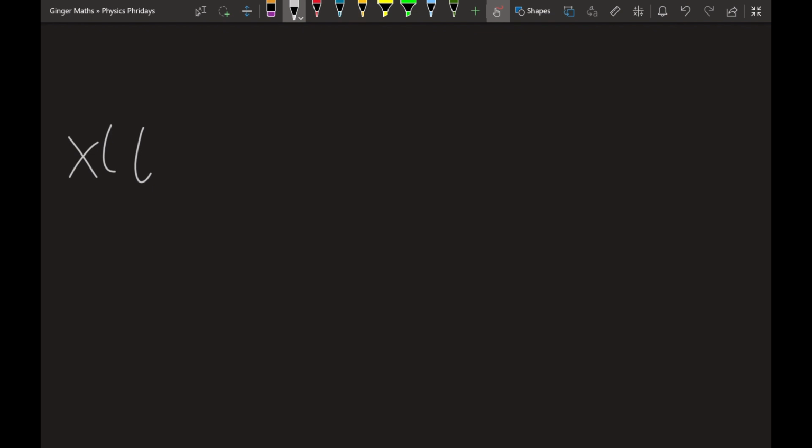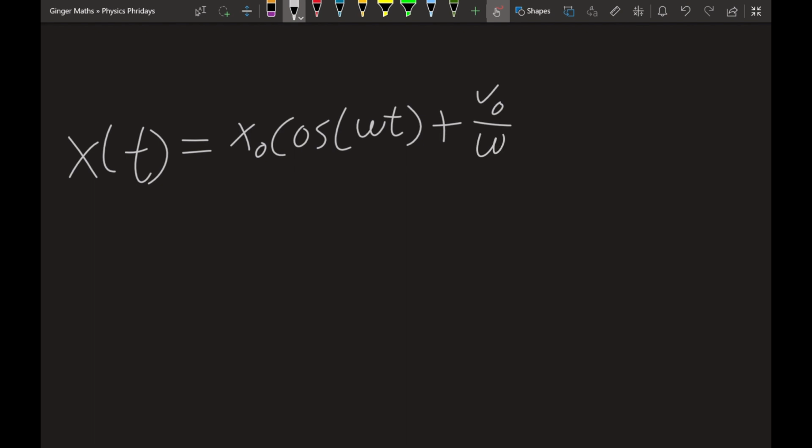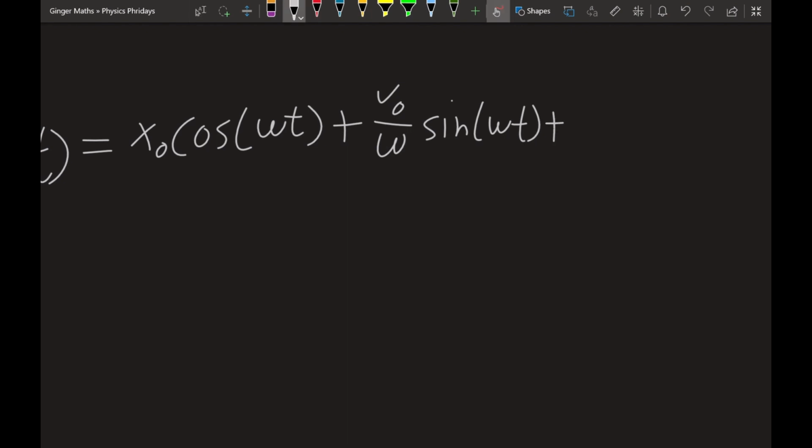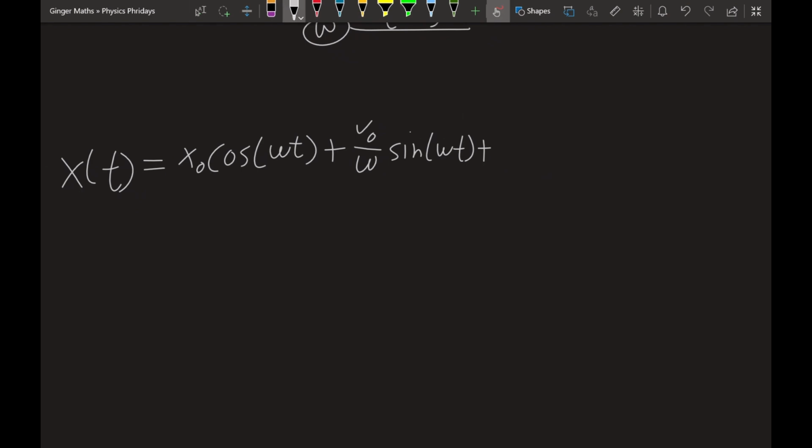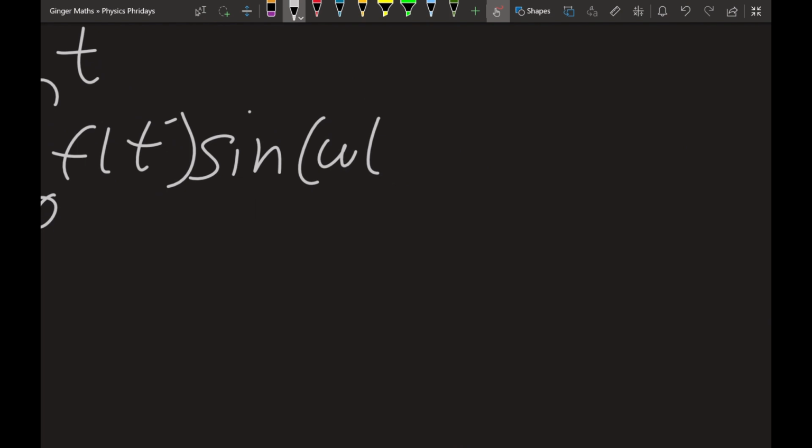Our x of t is just going to be equal to x naught times cos of omega t plus our initial velocity divided by omega times sine of omega t, and then plus, I'm going to have to zoom out for this part, 1 over omega m times the integral from 0 to t of f of t prime times the sine of omega times t minus t prime, dt prime.